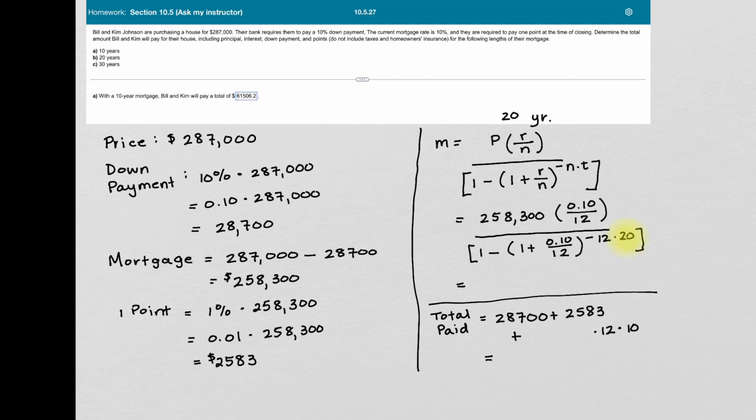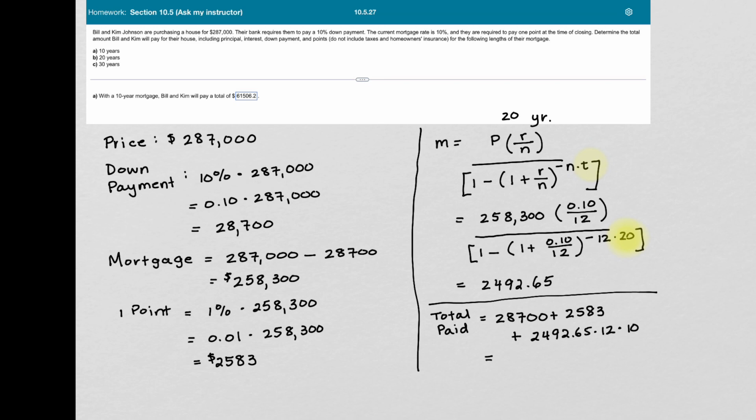The big change is going to be the time. So we find our monthly payment for a 20-year mortgage, and that is $2,492.65. So I'll put that here for the monthly payment.